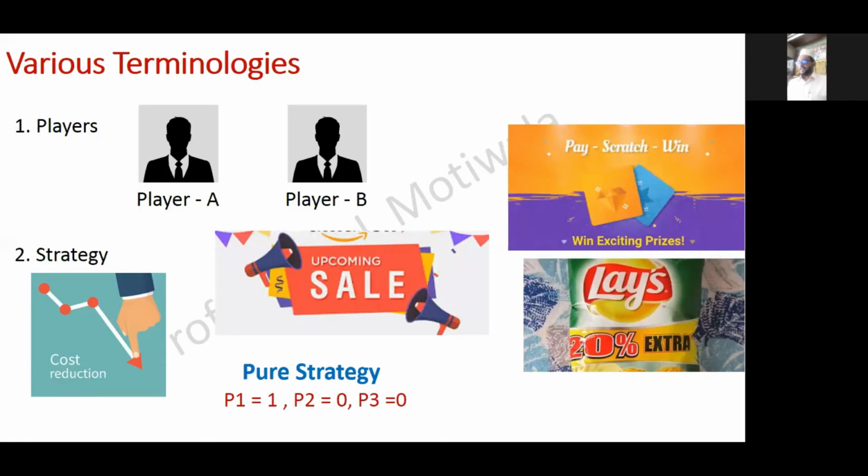But there will always be only one 1 in any one strategy; the remaining will all be 0 in the case of pure strategy. In a mixed strategy, there can be probabilities of which strategy he will follow and how often. But the point worth noting is that the total probability comes out to be 1.